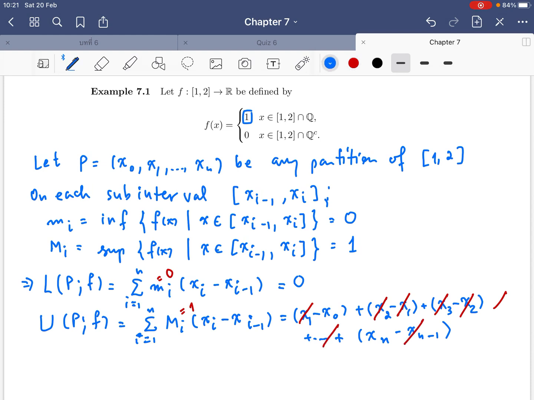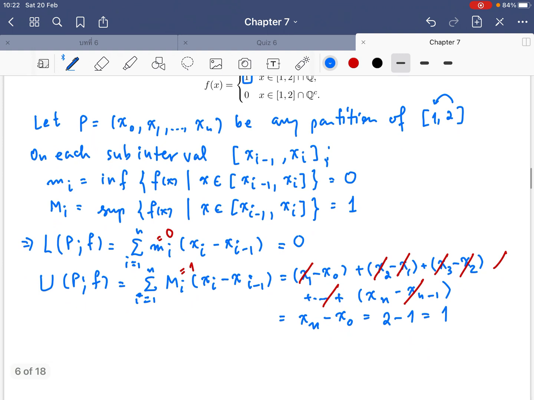So you are going to end up with x_n minus x_0, but x_n and x_0 are 2 and 1, the left endpoint and the right endpoint. So it is 1, and it is like this for any partition. So what does this mean?